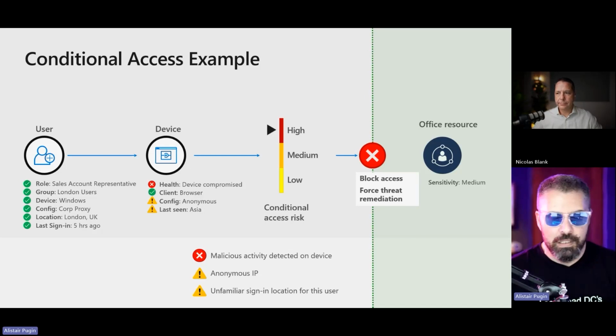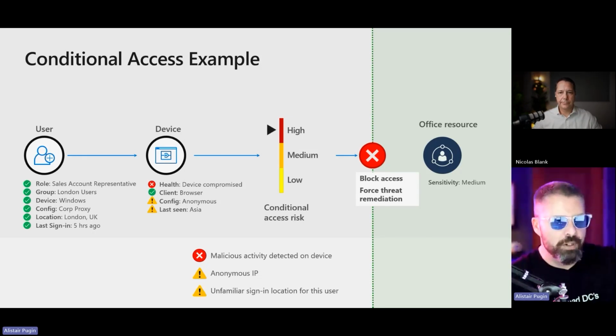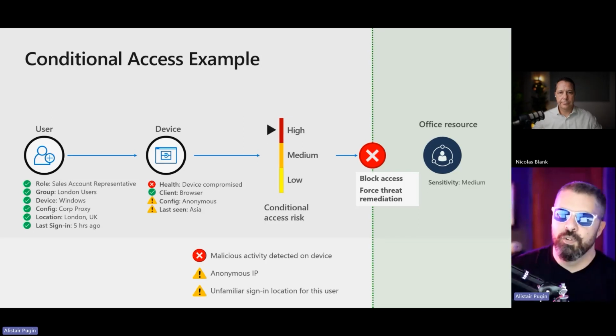The other thing: when you configure a conditional access policy, please don't lock yourself out of the tenant, because we've seen that movie. In this case, it went through some sort of risk profiling, high risk, blocked access, and forced some sort of threat remediation. Nick, what would that threat remediation be?